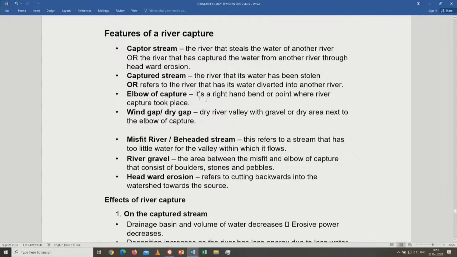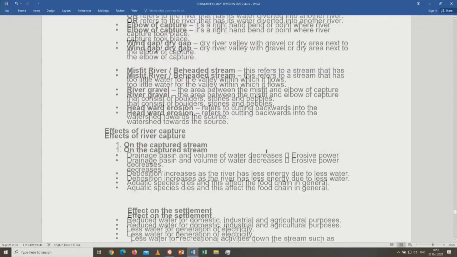And then elbow of capture, it is a right-hand bend or point where a river capture took place. A wind gap or dry gap, a dry river valley with gravel, and then we're having misfit stream. Refers to the streams that have too little water for the valley within which it flows.